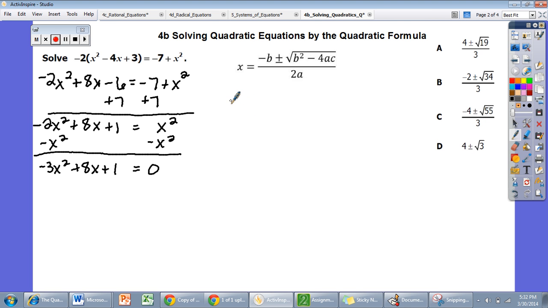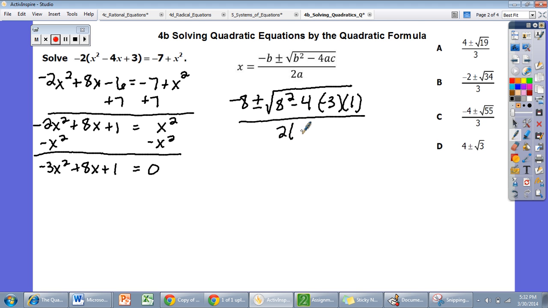So I know it's the opposite of B, so -8 plus or minus the square root of 8 squared minus 4 times -3 times C, which is 1, all over 2 times A, which is -3. Now what I recommend doing from here is everything that's underneath your radical, typing it into your calculator just as you see it.